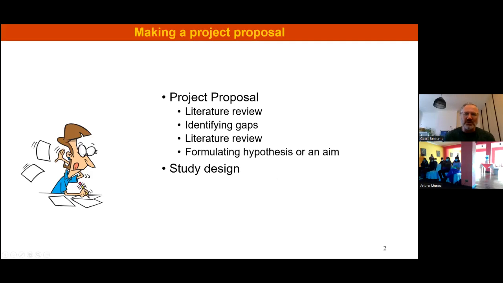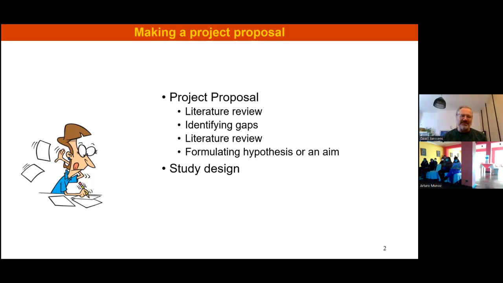the project proposal, of course. When you make a project proposal, whether it's on aquatic nutrition or another topic, you should first do a literature review. With that literature review, you can then identify the gaps, what is still not known, what should be known in research.